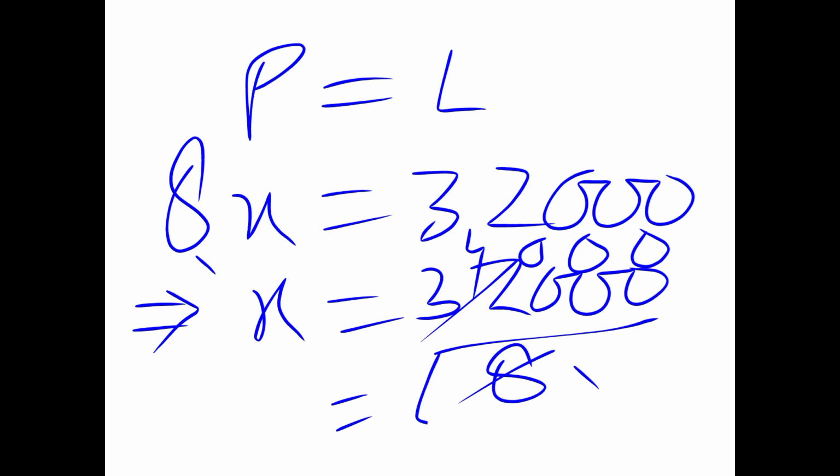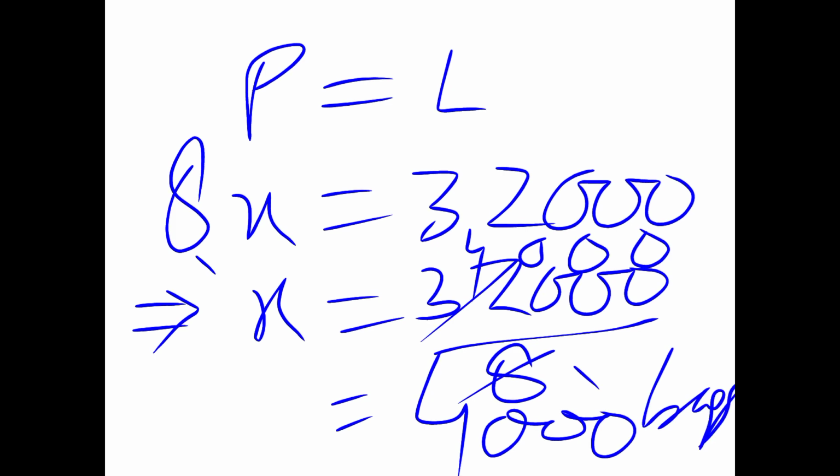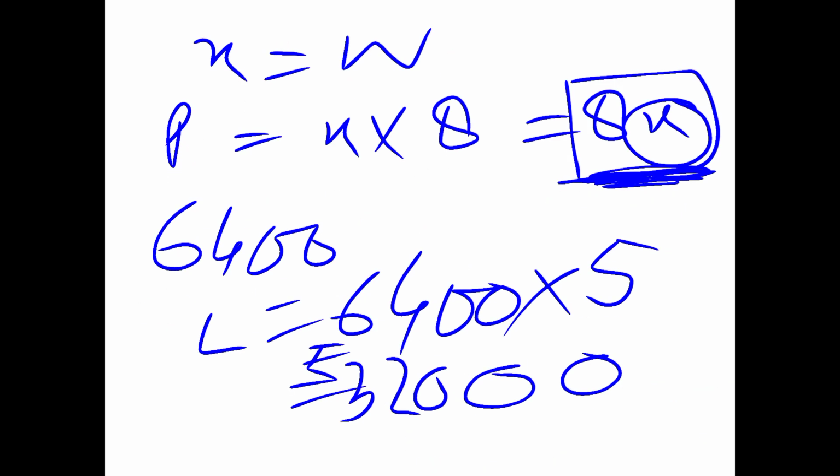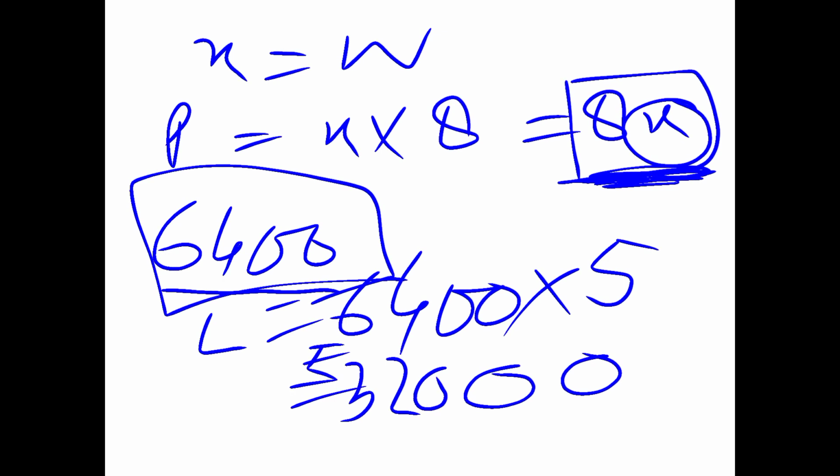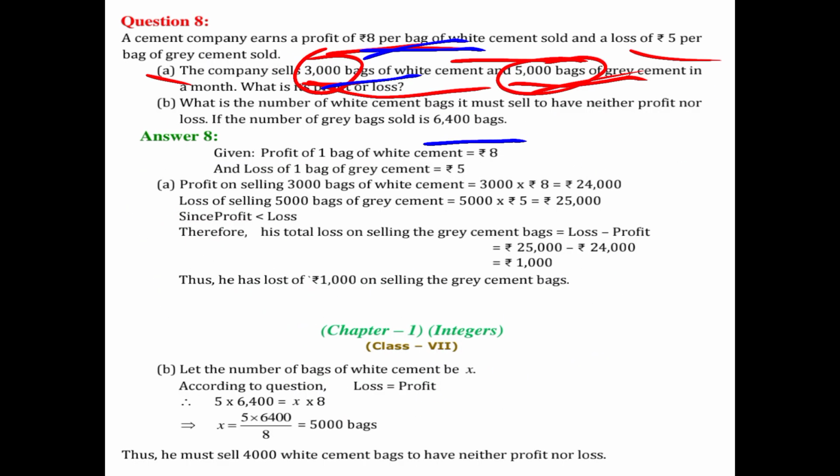So 4,000 bags of white cement must be sold so that there is no profit and no loss if the grey bags sold are 6,400, right? So this completes our question number 8.